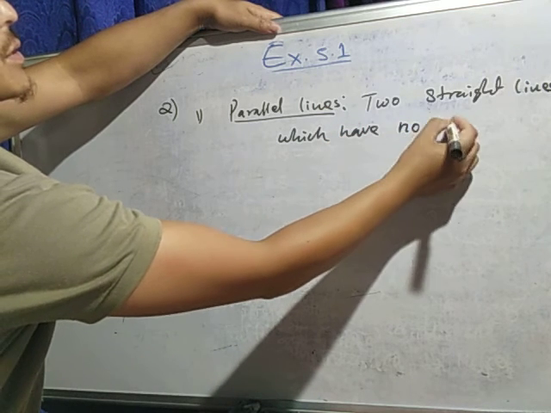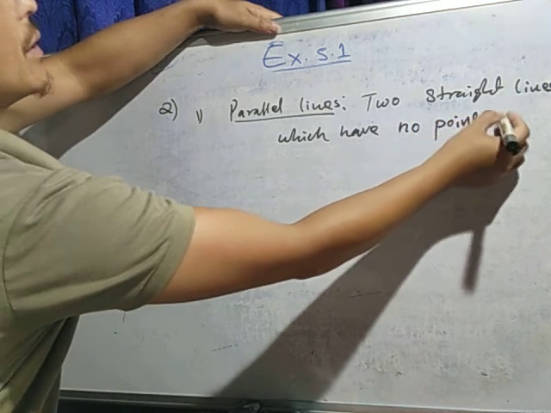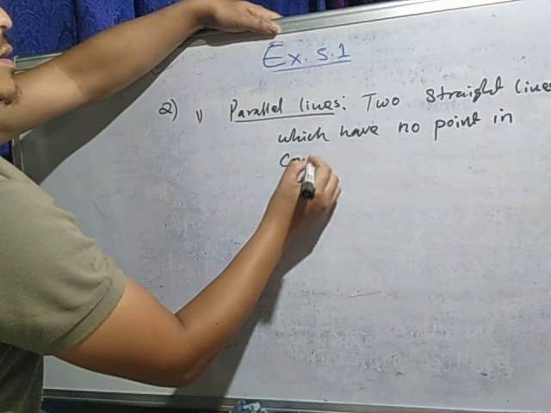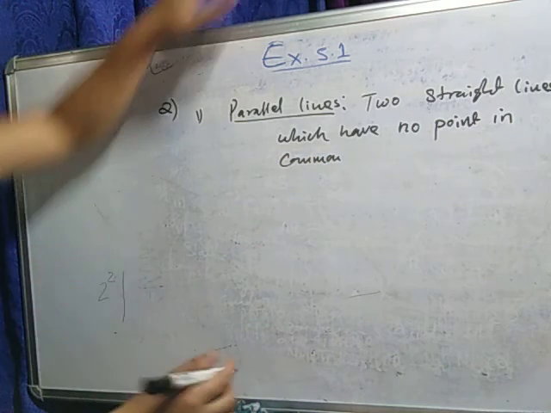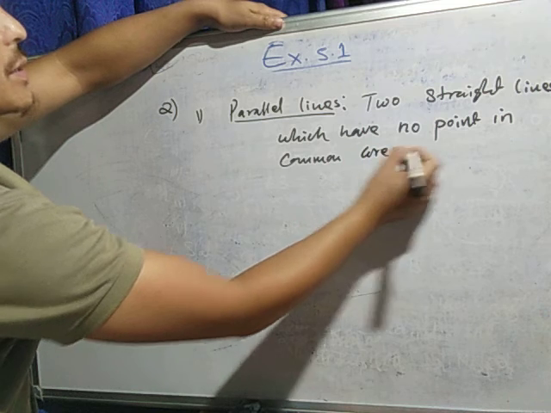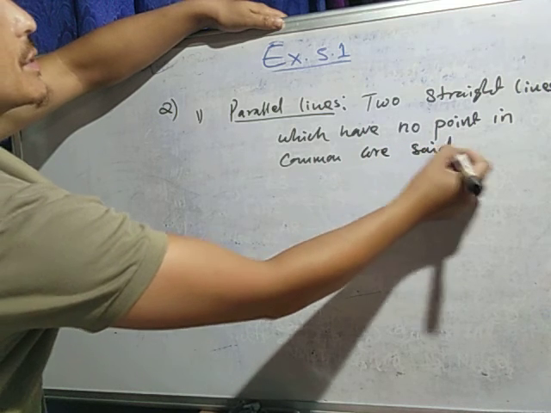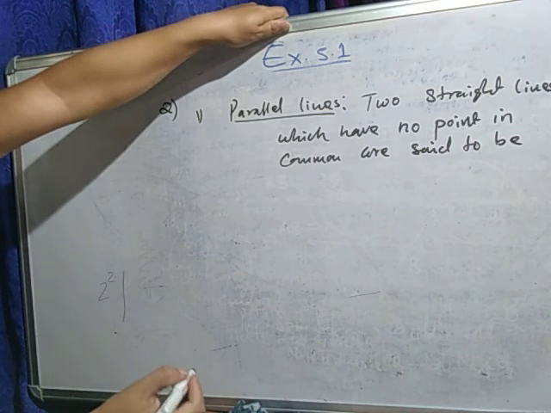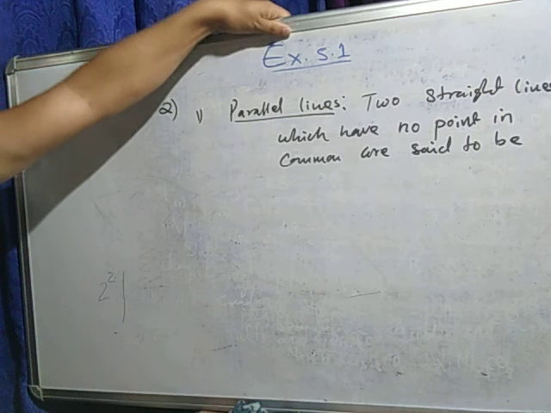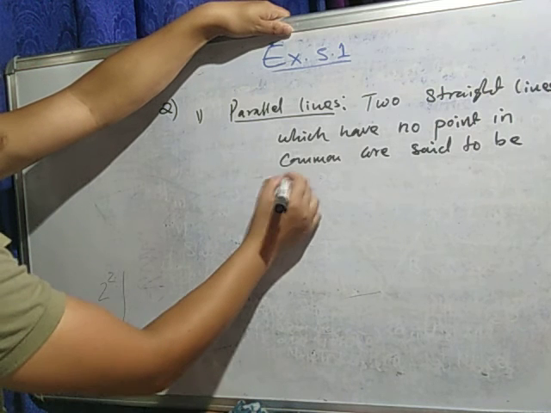They are said to be parallel lines, or you can say they are said to be parallel to each other.